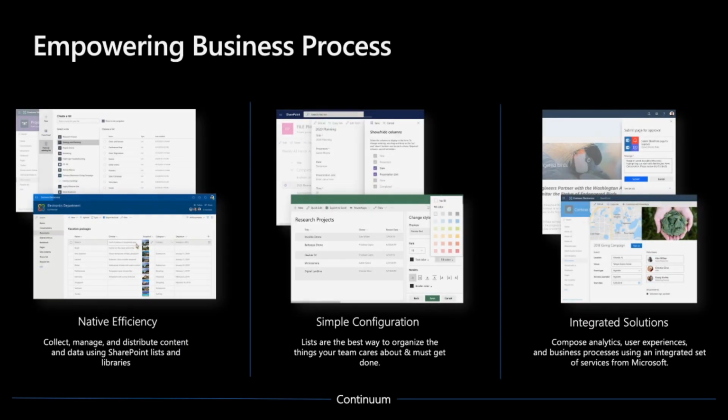Important to keep in mind that there's a spectrum of business solutions that you can build on top of lists, from very simple to very complex. Just by building a list, you're realizing a business process by having a central point of truth for the information that your team is working on. Just by putting data in the grid and sharing it, you've started a very simple business process. On top of that, I showed you how easy it is to layer on conditional formatting and rules to do lightweight orchestration and management of data.